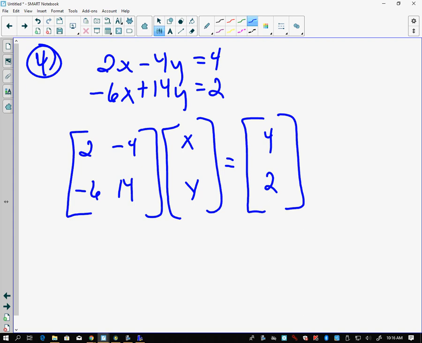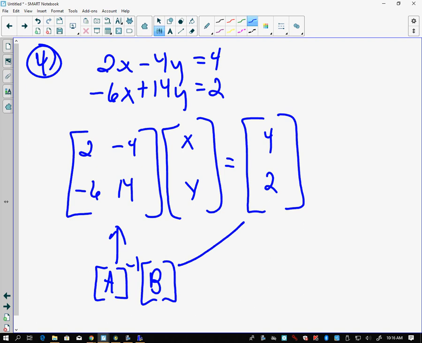Right now, the way that this is set up right here would indicate, well, I'm going to take that inverse of matrix A, okay, times matrix B to get my x and y. And you could certainly do that. But there's a lot of different ways.